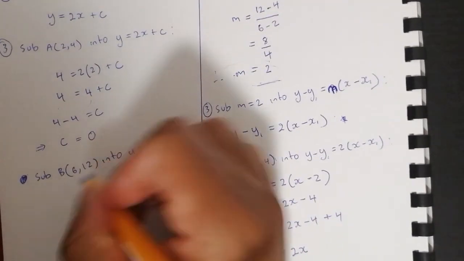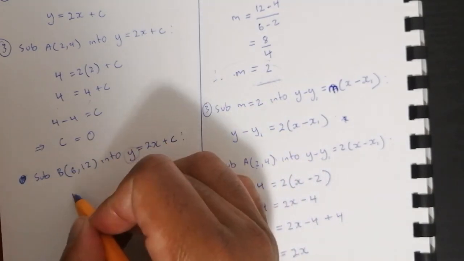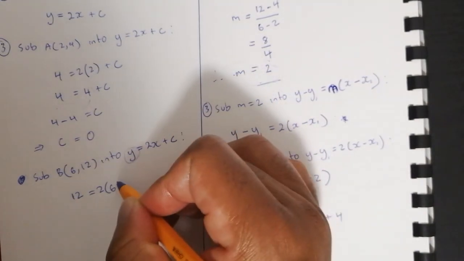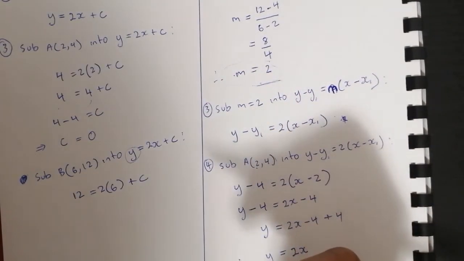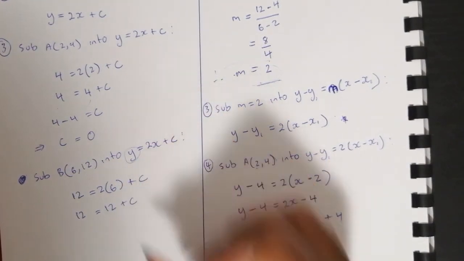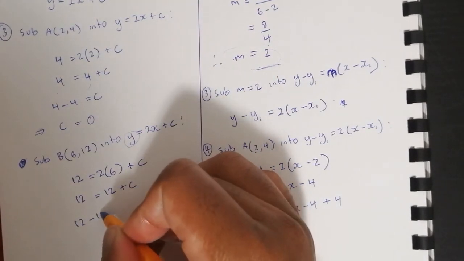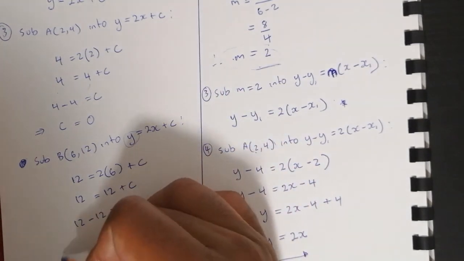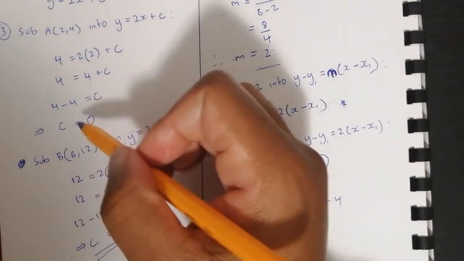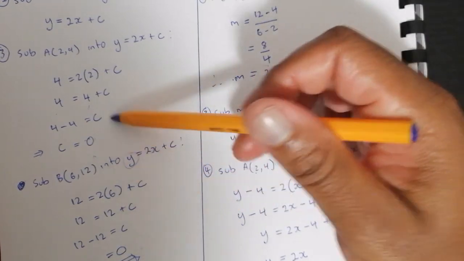Okay, and then for y we substitute 12 equals 2, and for x we substitute 6 plus c, and that gives us 12 equals 12 plus c. And then take this 12 to the other side, and that gives us c equals 0. Okay, it's the same whether we use A or B, we get to the same value of c.